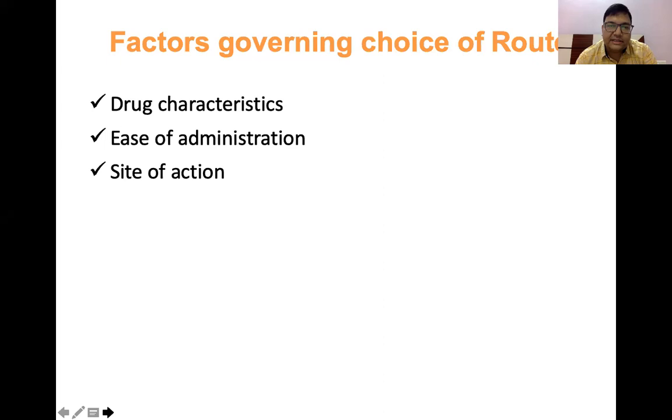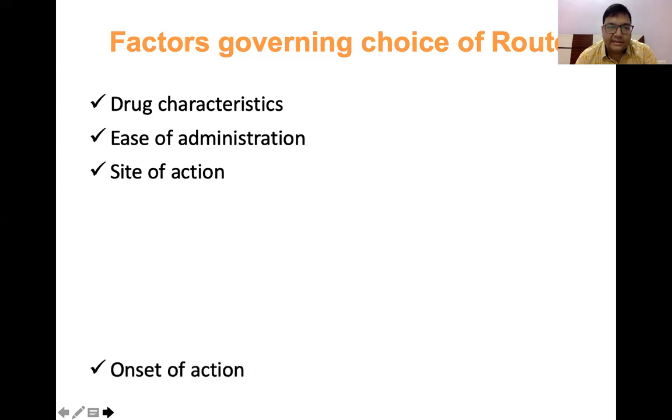And suppose the same local anesthetic is to be used for giving a spinal anesthesia, for making the limbs anesthetized, then for that we are going to give it by the spinal route. So based on our need, how much action we want, our route of drug administration is also going to change.